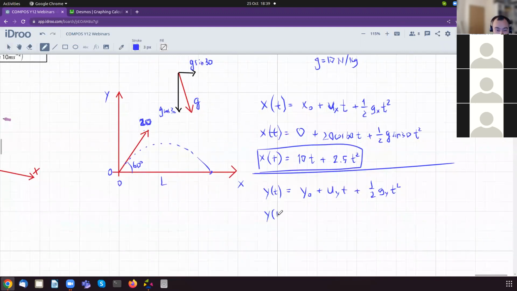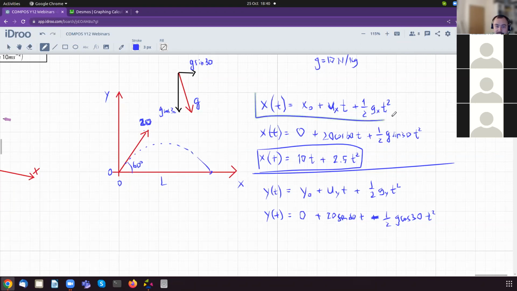So y of t is y0, which is 0, plus initial velocity, so 20 times sine 60, t, minus, because it's downwards, minus a half gy cos 30 t squared. This is the equation I'm using.